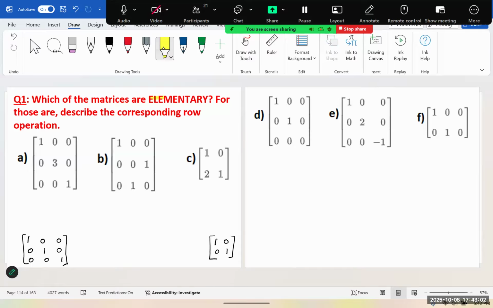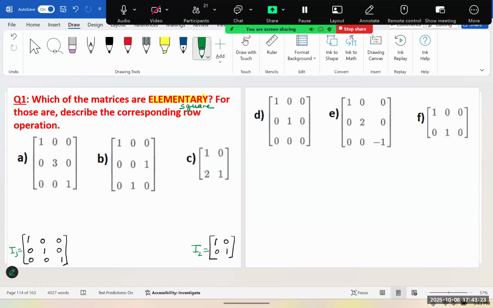Again, for an elementary matrix, since you have to compare it with the identity, that means they have to be square, because every identity matrix is a square matrix. This is I2 and this is I3.